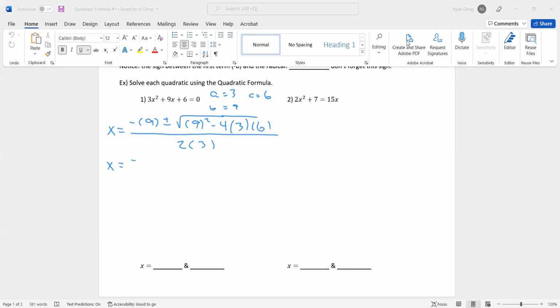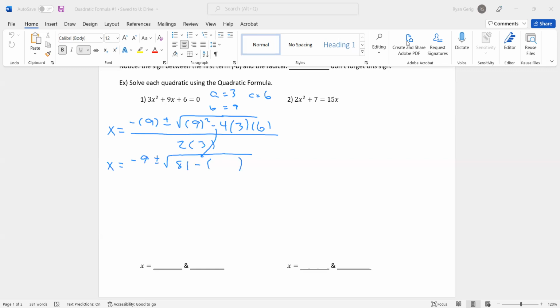So negative 9, right? The negative, don't lose that negative. Plus or minus the square root of 9 squared is 81. Now, where people mess up is right here. That minus 4AC really messes people up. I'm going to give you a suggestion of dropping this negative straight down here and then putting another box like that.